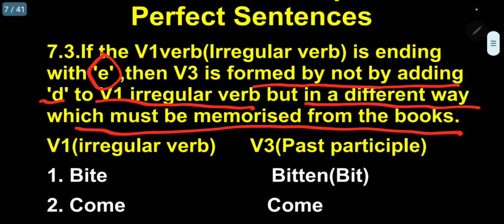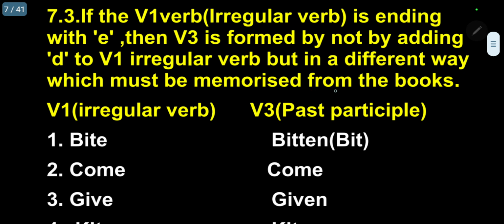So the V3 verb will be formed in a different way for an irregular verb ending with E. So we have to memorize, to write or to speak without mistakes.